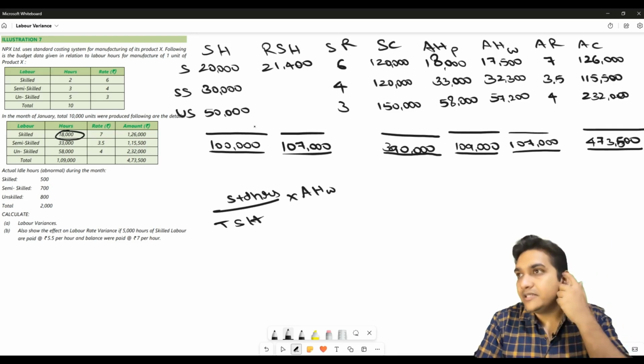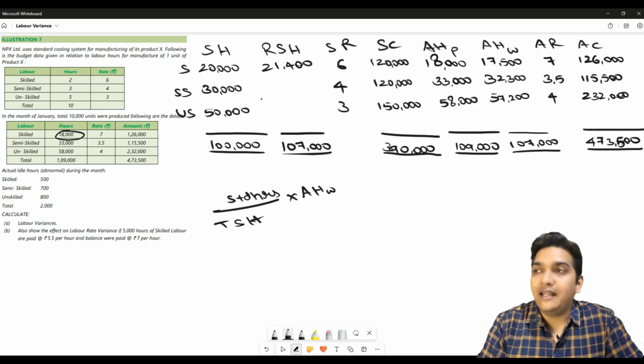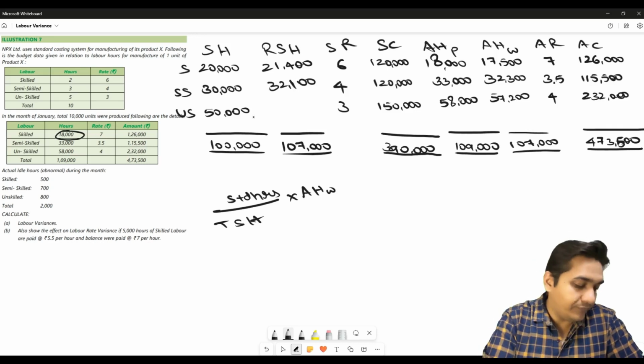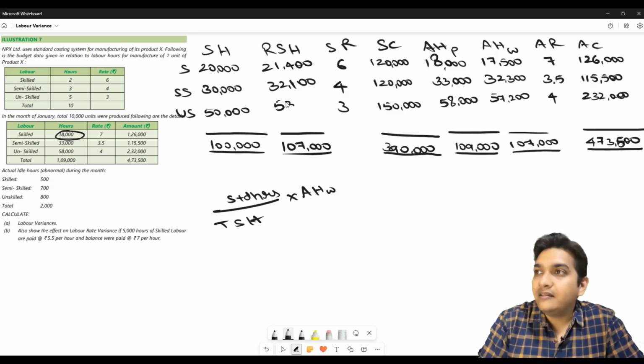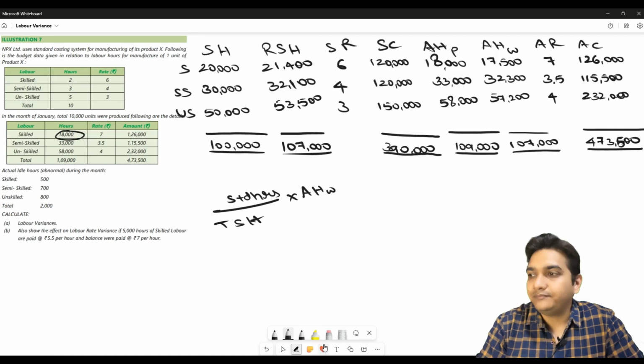For 30,000 divided by 1 lakh into 1 lakh 7,000, I get 32,100. 50,000 divided by 1 lakh into 1 lakh 7,000, I get 53,500. So the total of this would be equal to 1 lakh 7,000.